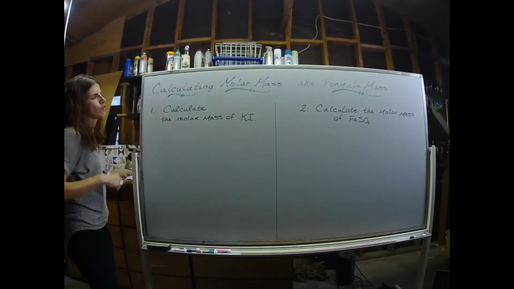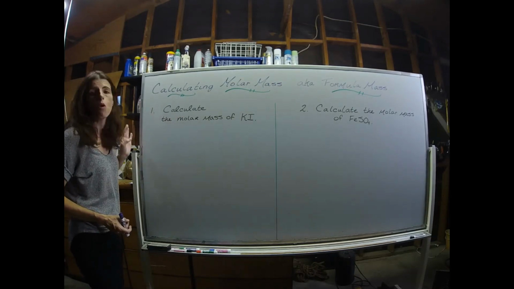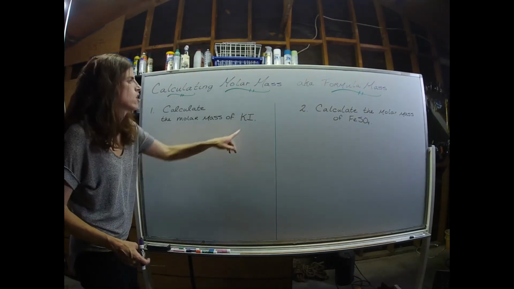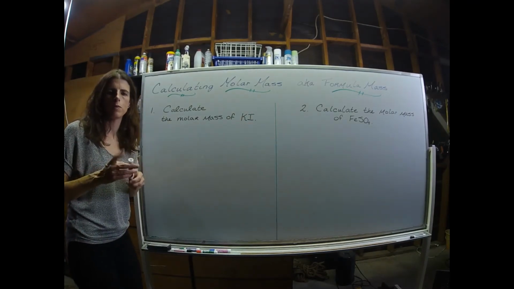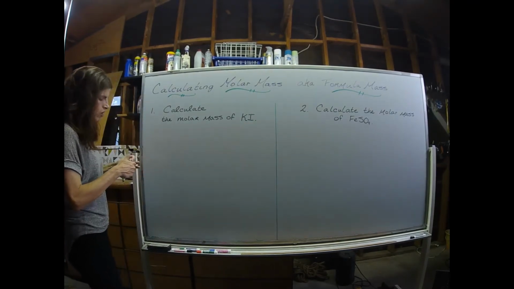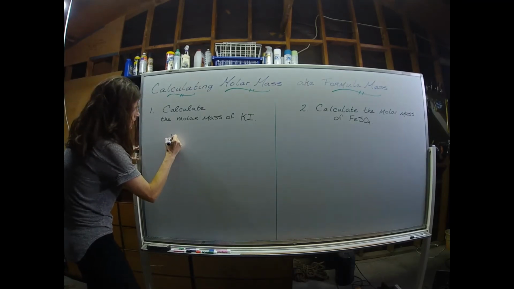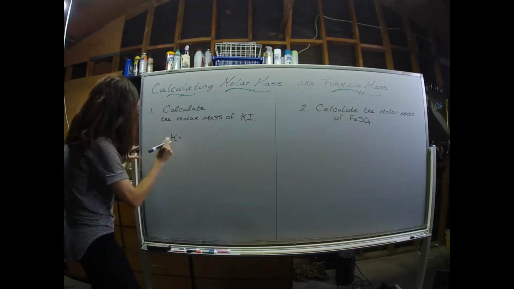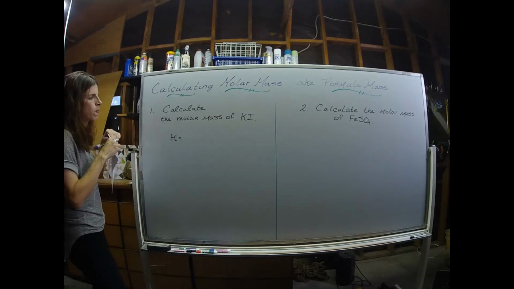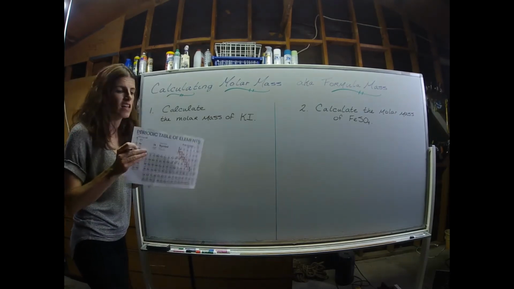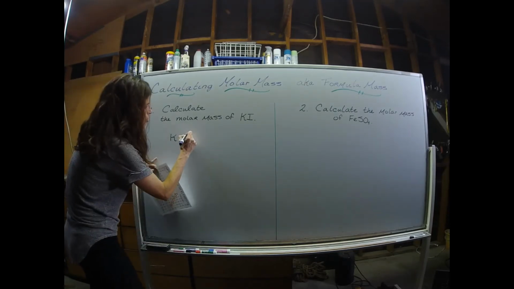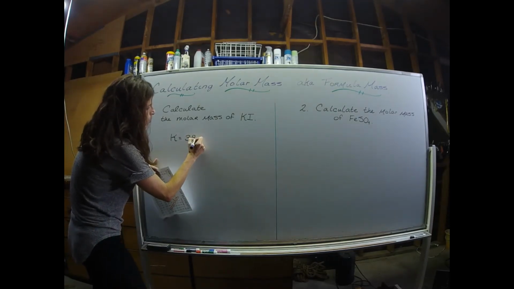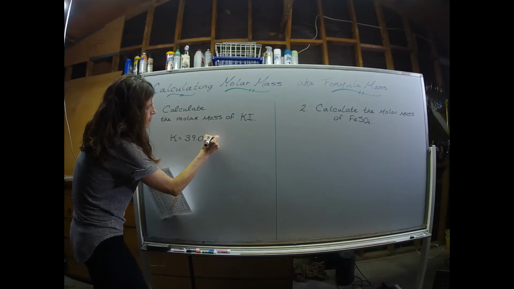So in this first problem, we're asked to calculate the molar mass of potassium iodide. So there's one potassium and one iodide. We know those ones to be understood. So I'm going to start organizing it here. I want to look up, on my periodic table, the mass of potassium. So if I go ahead and do that, I get 39.098.